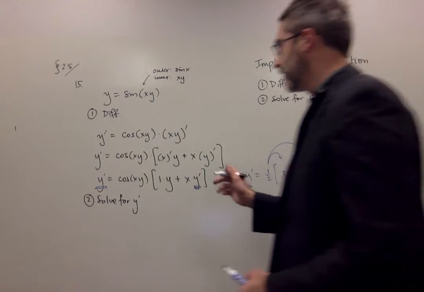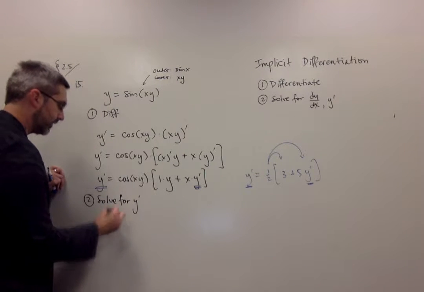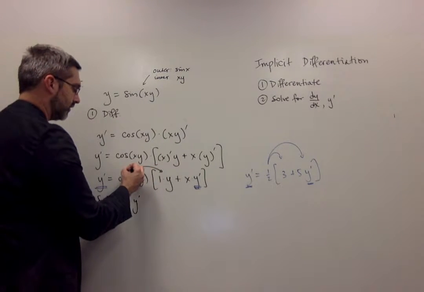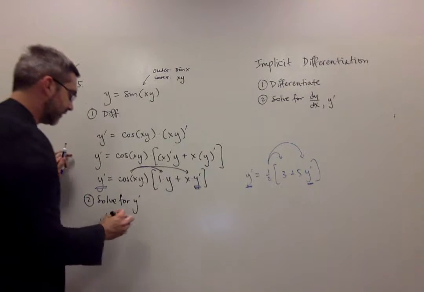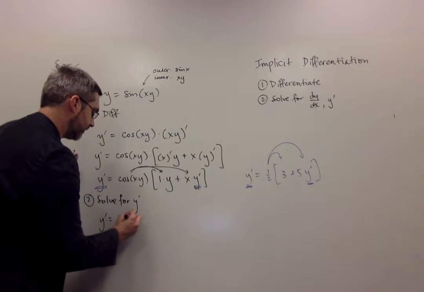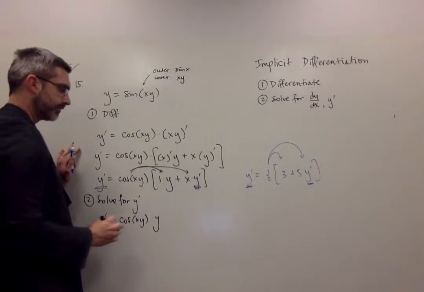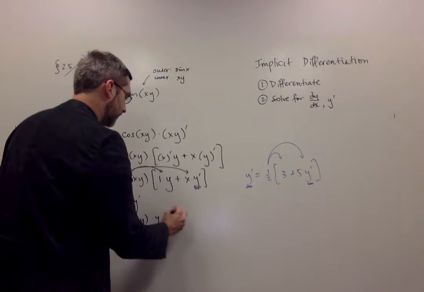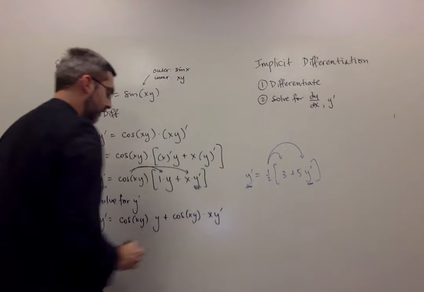So to solve for y prime over here, the first thing I'm going to do is multiply the cosine of xy onto both of those terms. So I'm going to get cosine of xy times y plus cosine of xy times x y prime.